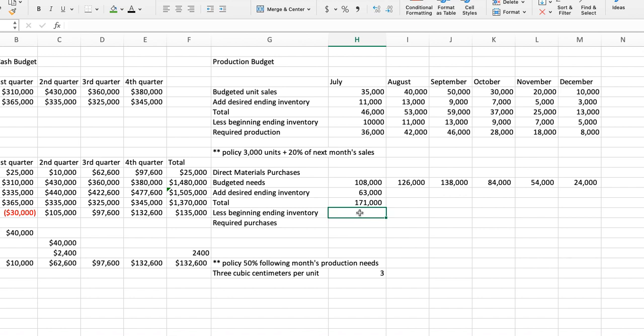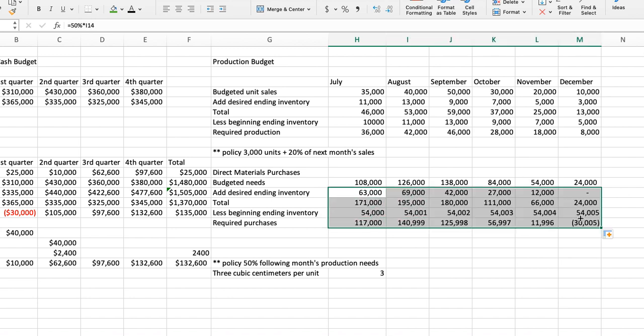And we can calculate that, but it's also given to us, 54,000. Which is half of next month's needs. I'm sorry, half of this month. And so our required purchases are what we need minus what we already had, or 117,000 cubic centimeters.